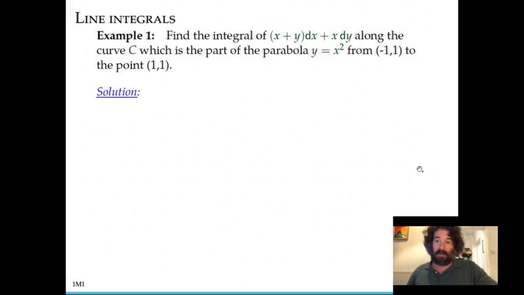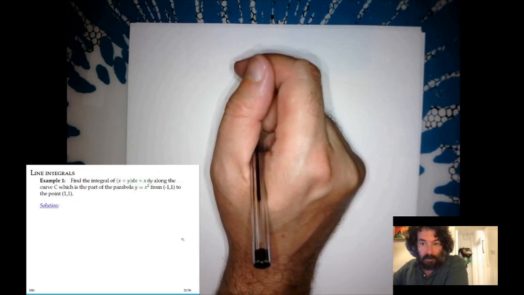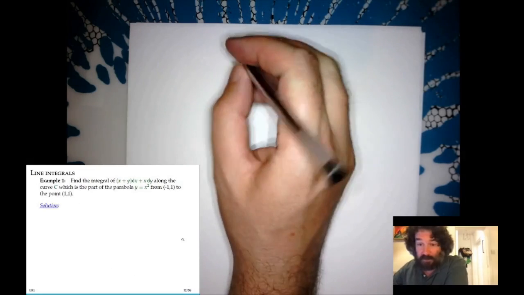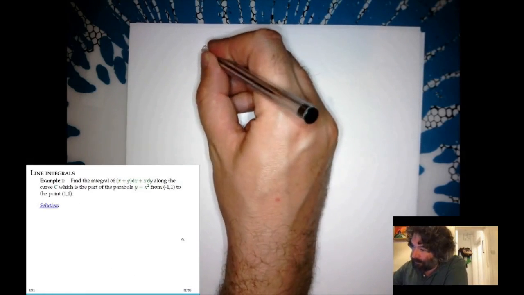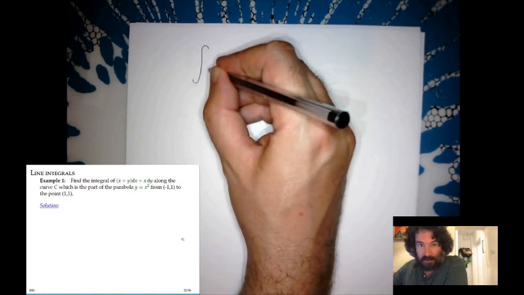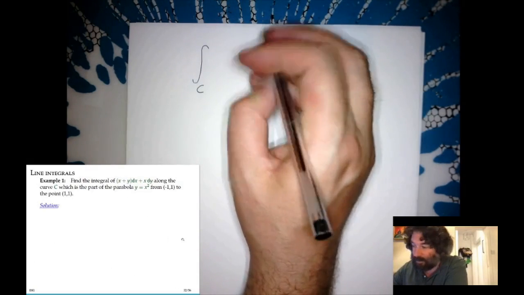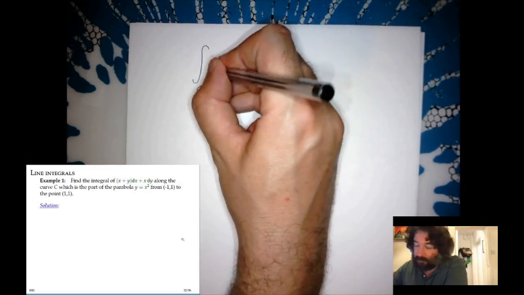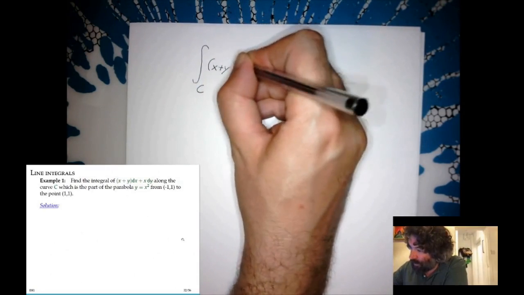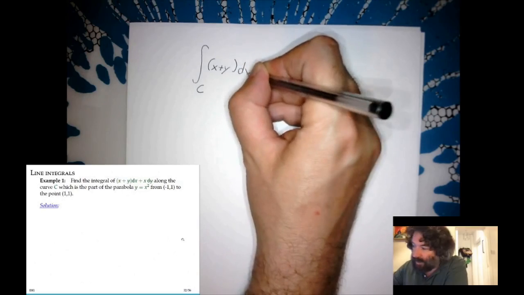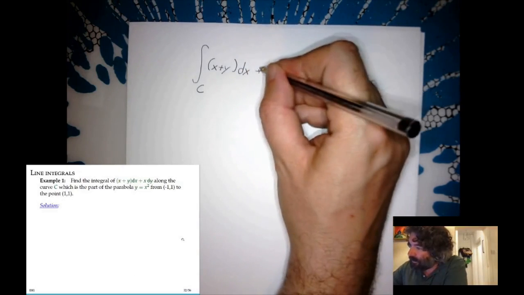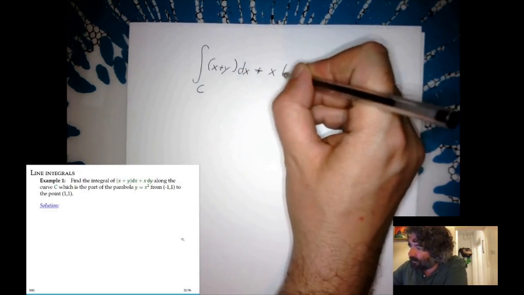All right, let's look at an example and actually evaluate a line integral. We're going to evaluate this line integral shown on the slide. So it's the line integral over a curve C, which is a portion of a parabola, I'll draw in a second, of this differential form x plus y dx plus x dy.